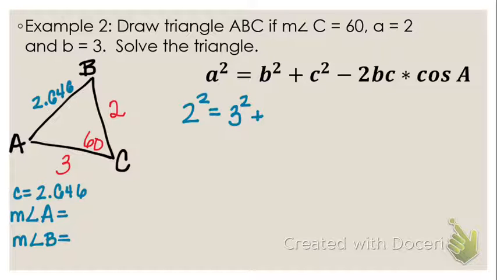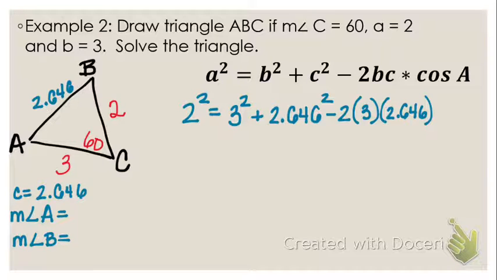We just figured out that little c is 2.646 squared. And then that's minus 2 times 3 times 2.646, and then we have the cosine of A.